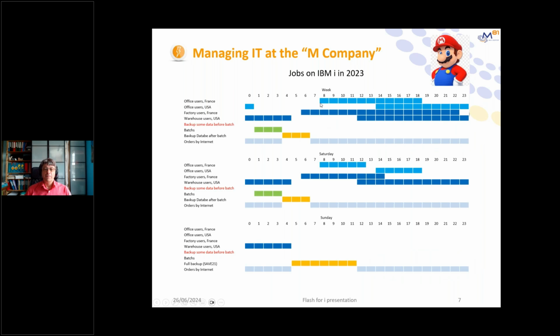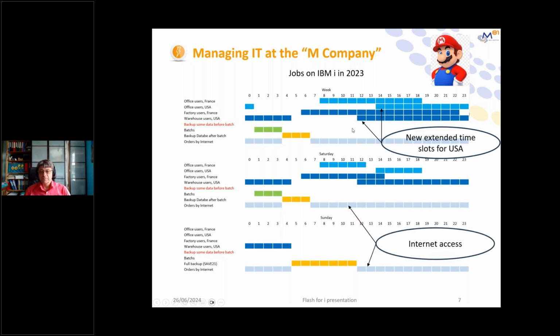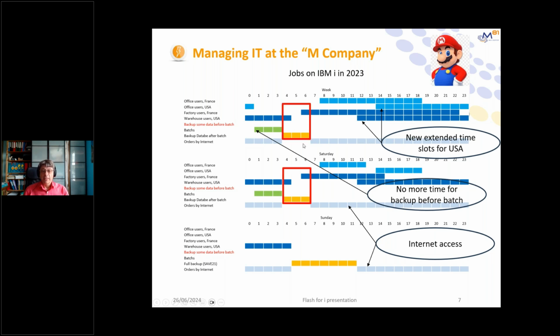Now, there are United States users, so the time frame is not the same. And you can see that it's much extended. There's the internet access that is supposed to be all the time. And the batches take more time, and it's not possible anymore to run backup before, only after.